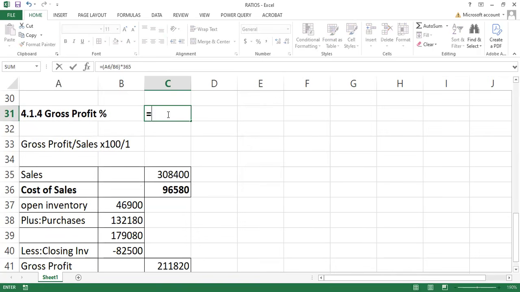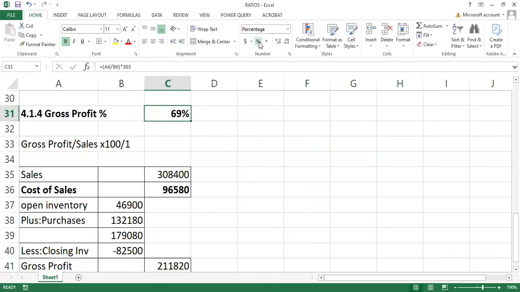So we can say now, our formula says gross profit divided by sales. That's it. But this amount is not a percentage. It is wrong like that. So what are we supposed to do here? They said it must be displayed as a percentage.